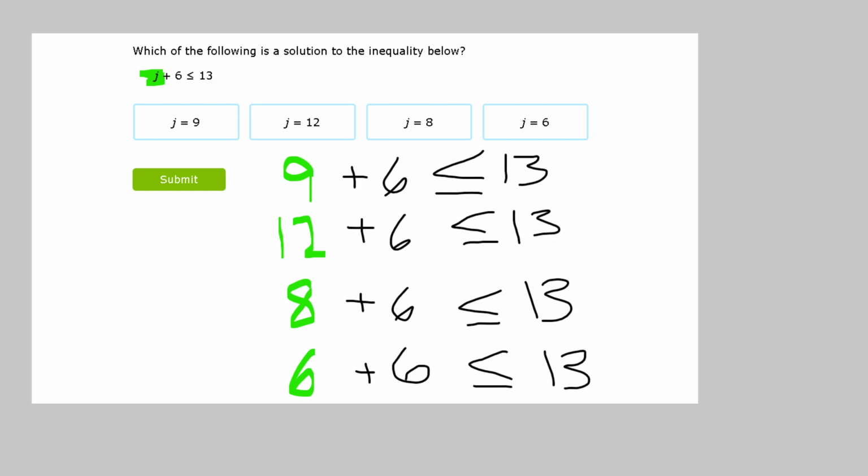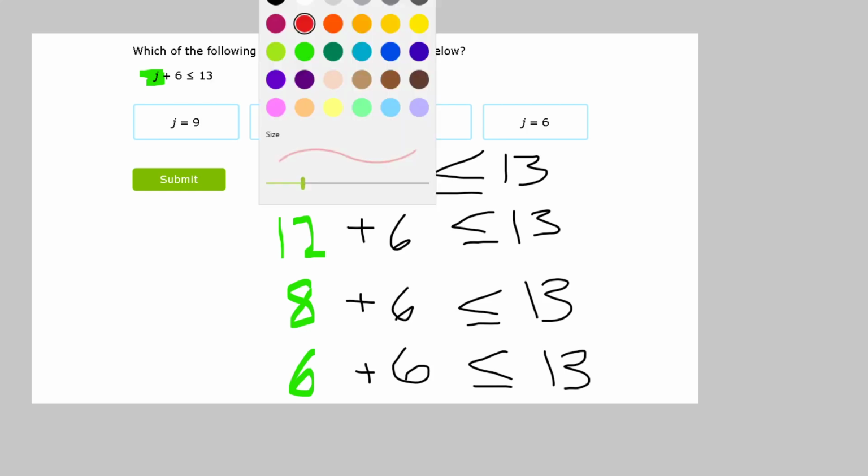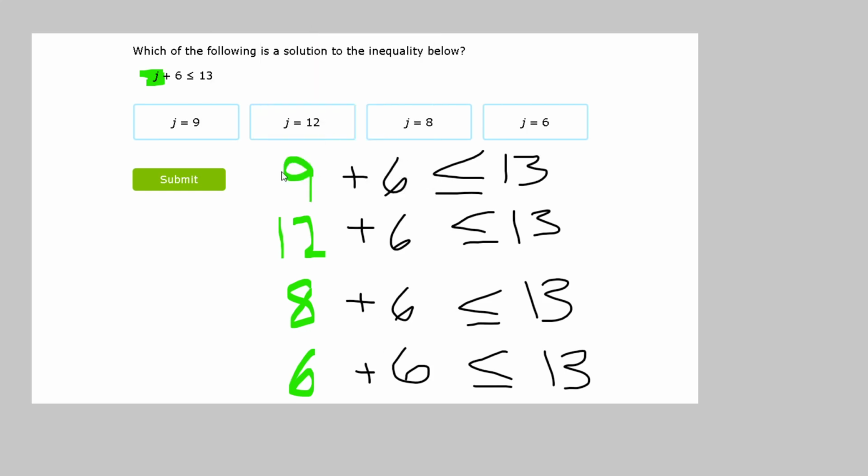Well, we know that 9 plus 6 is equal to 15. 15 is not less than 13, so this won't work. 12 plus 6 is equal to 18.